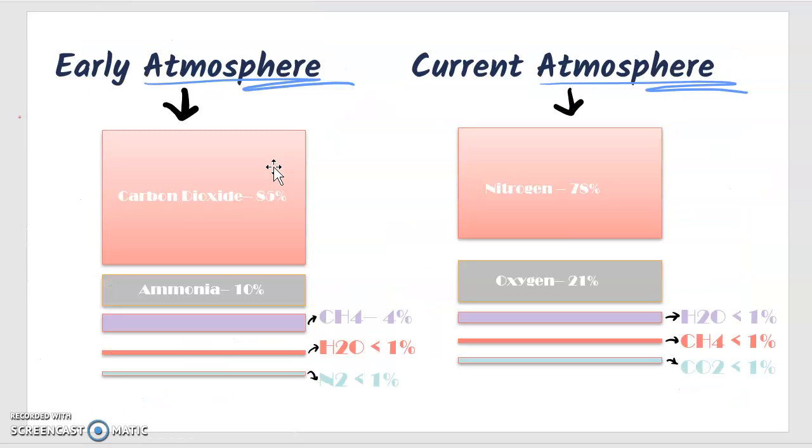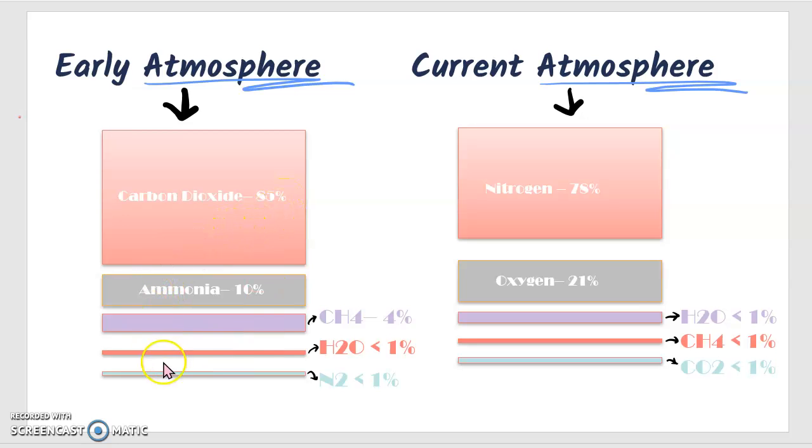Our current atmosphere is different from the early atmosphere. Recalling what we learned about the origin of the atmosphere, during the early Earth there was no atmosphere yet, only volcanic eruptions. This is the reason why carbon dioxide is very abundant, with 85% of the early atmosphere.